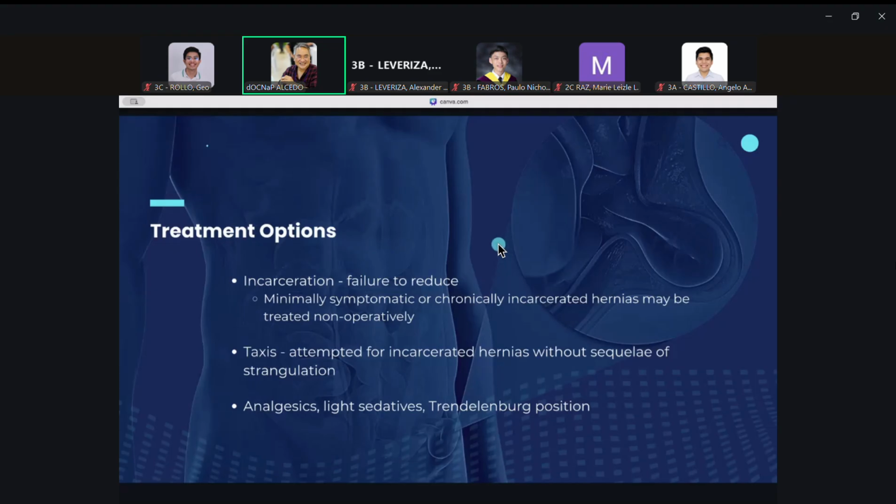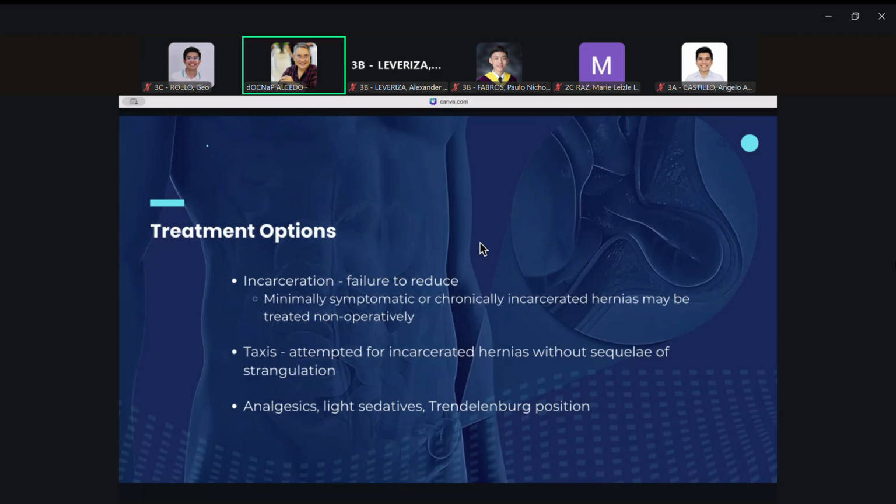So we call it taxis. It is the attempt to reduce the hernia without sequelae of strangulation, which means that if a patient arrives in the emergency room with an incarcerated hernia and upon evaluation the risk that it is strangulated is low, which means there's no tachycardia, there's no fever, there's no erythema of the overlying skin over the bulge, there's no tenderness, then most likely it's just incarceration without strangulation.